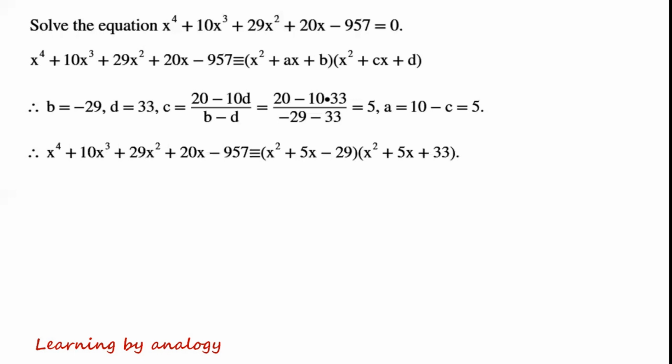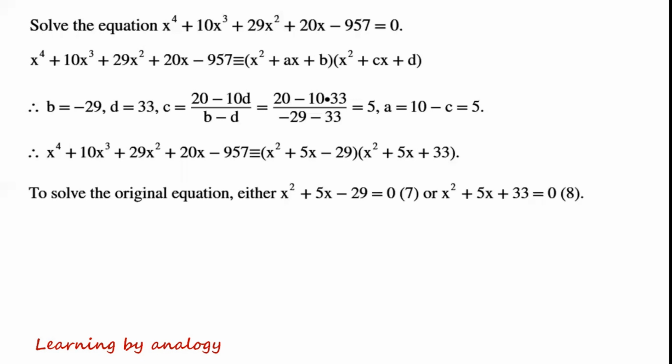So x to the power of 4 plus 10x cubed plus 29x squared plus 20x minus 957 is equivalent to (x squared plus 5x minus 29) times (x squared plus 5x plus 33).